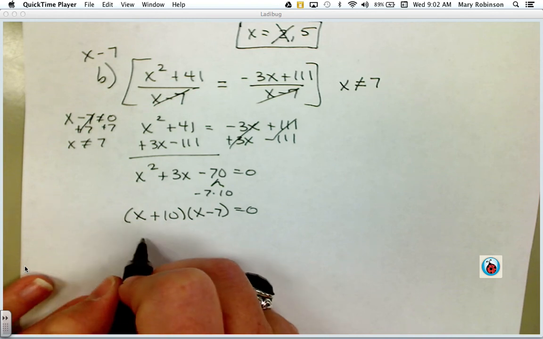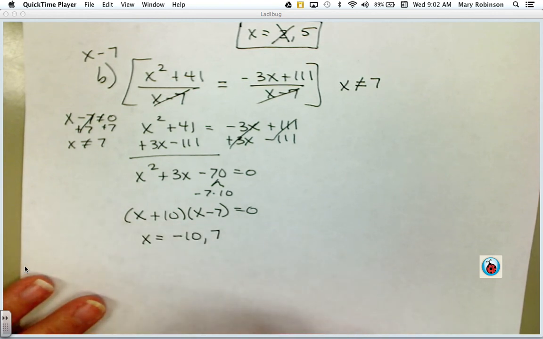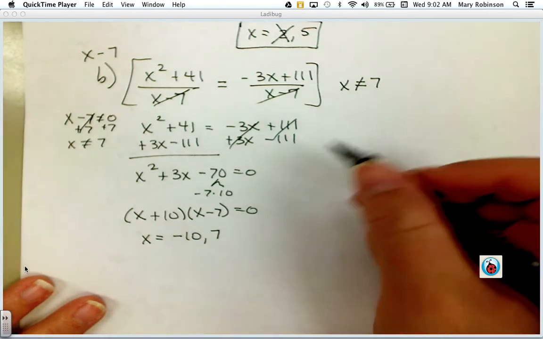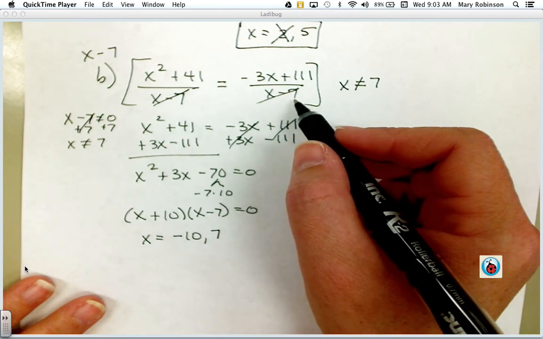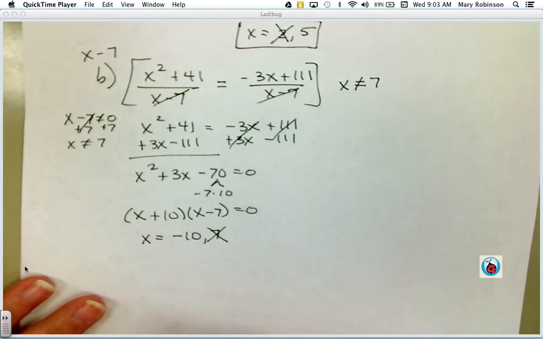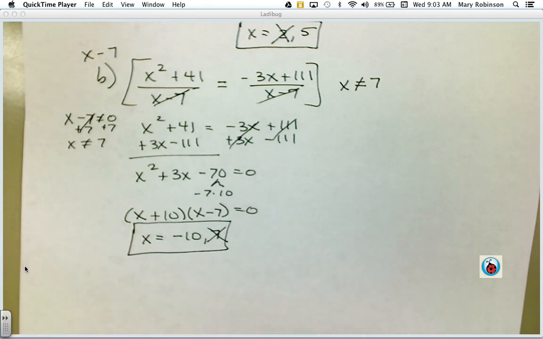So that means when we find both of our zeros, they are negative 10 and positive 7. Oh, wait a minute. What did we notice from up here? x can't equal 7 because it would make our denominator 0. So we have to exclude 7 as a valid solution. So that's what we would expect to see. Good luck on your test.